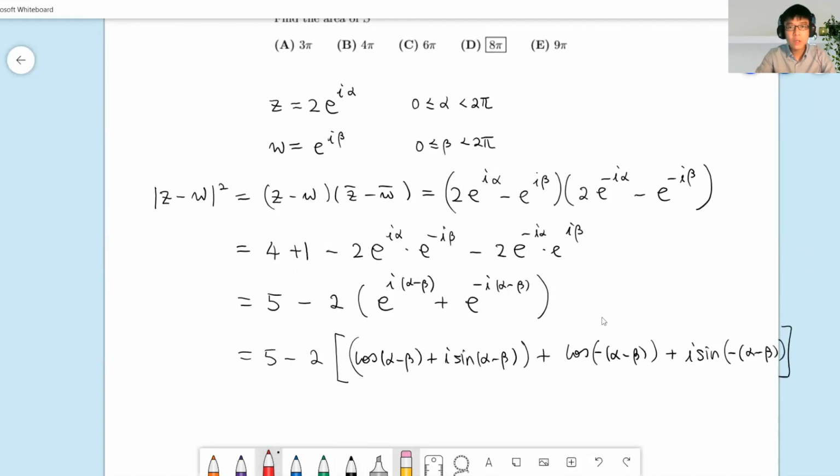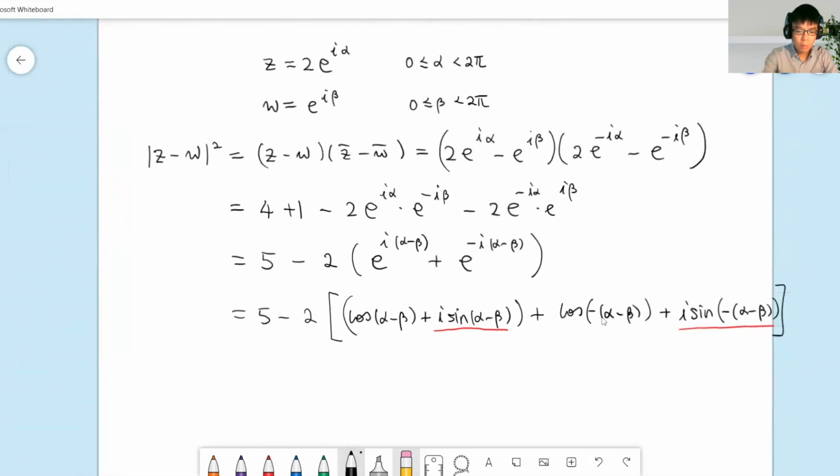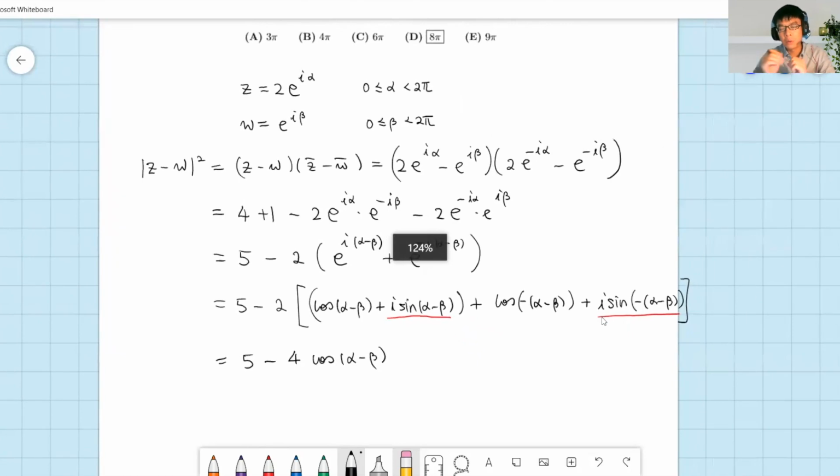Because sine is an odd function, these two sines cancel each other, but these two cosines are equal. So finally, this equals 5 minus 4 times cosine(alpha minus beta). So this describes the modulus.